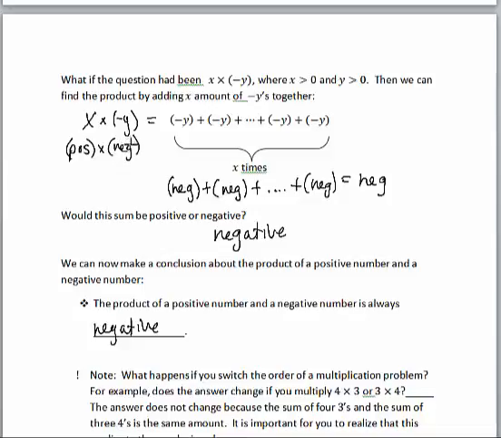And remember that we want two negatives to make a positive, and so here we only have one, and an odd number of negatives results in a negative product. Okay, an alternate way that you could interpret it.